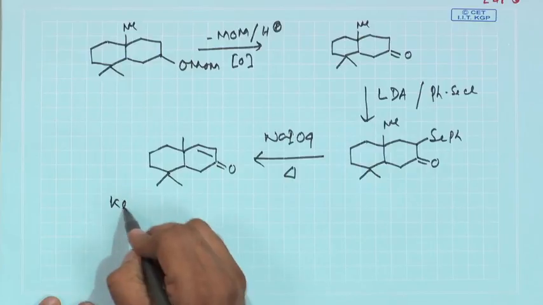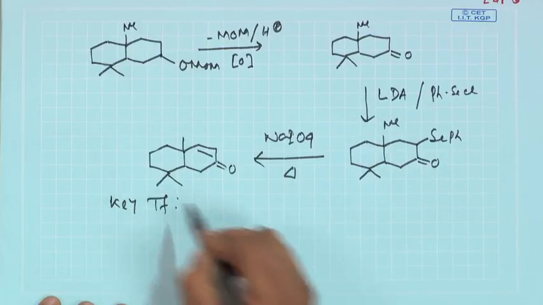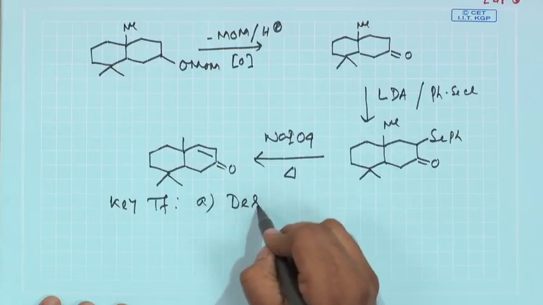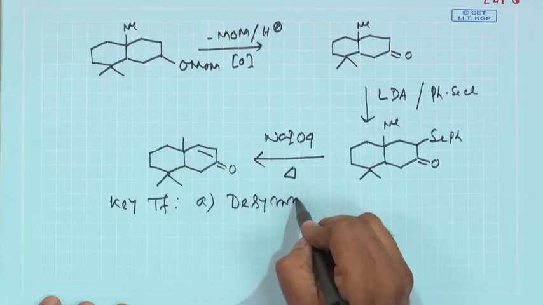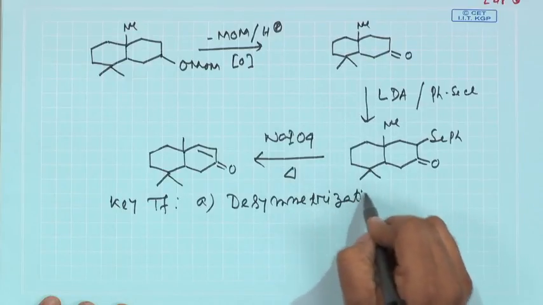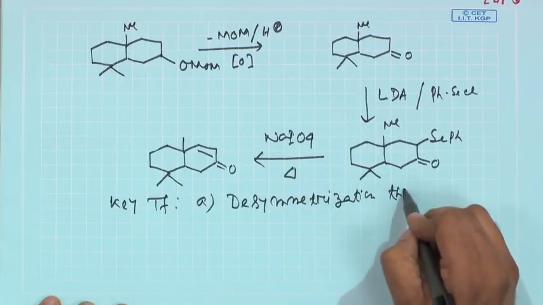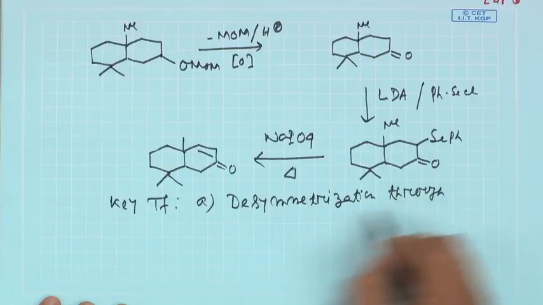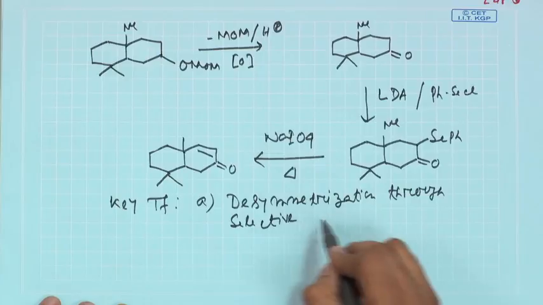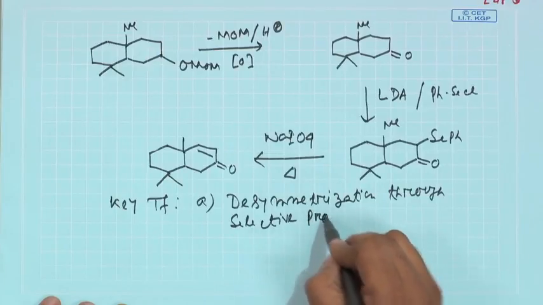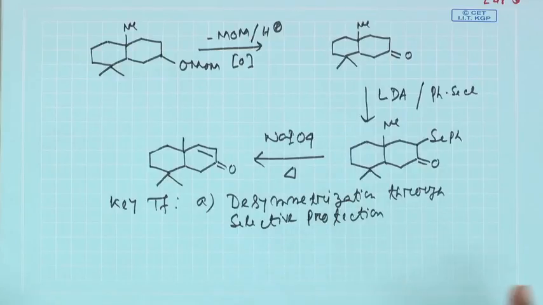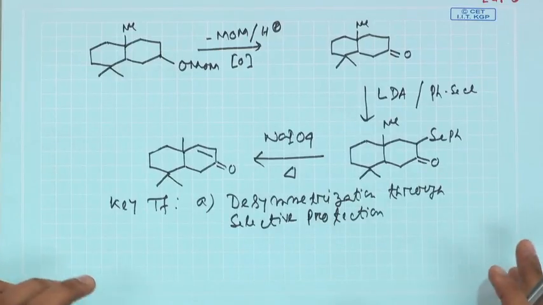So, in principle, what were the key transformations used here? The first transformation, we said, was a desymmetrization through a selective protection. That was the key thing, selective protection of the chemically reactive, both alcohols are equally chemically reactive.